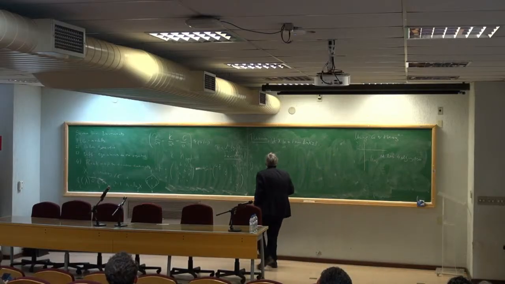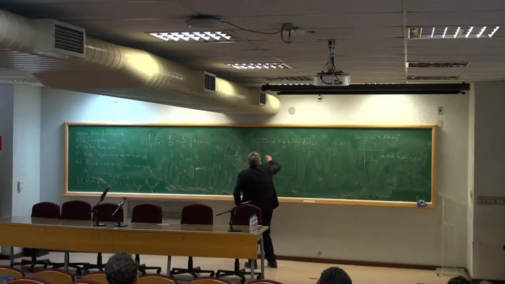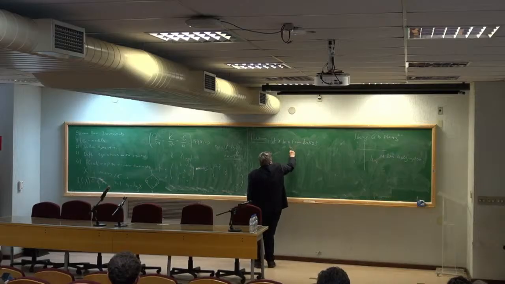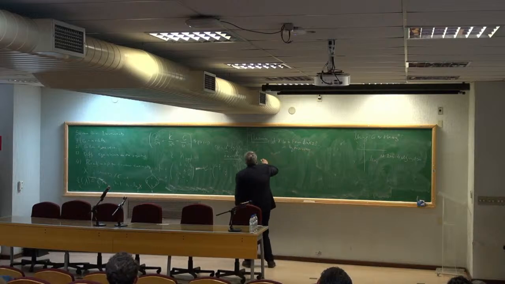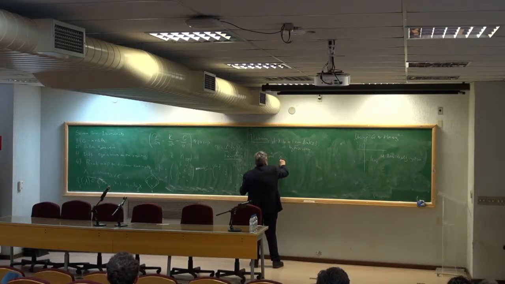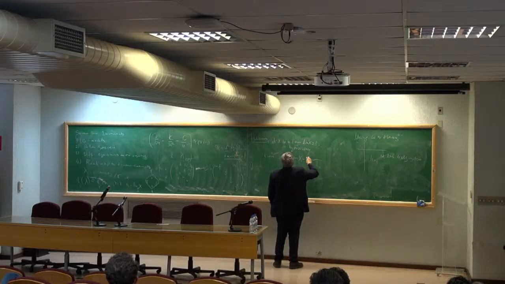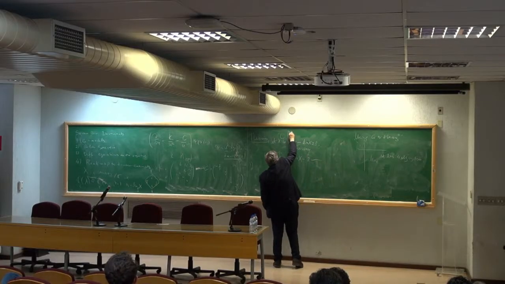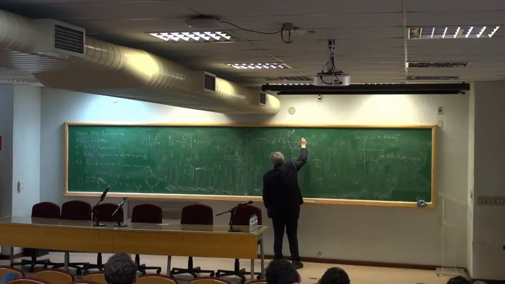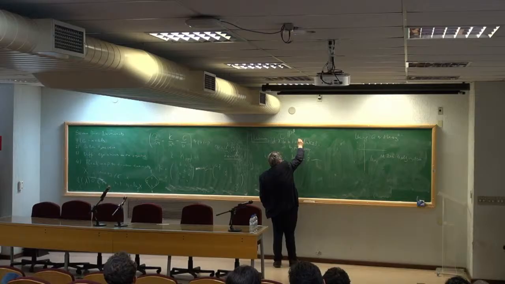I can formulate a general statement, but let's do the simplest. So let X be a Fano hypersurface. Then delta is equal, this is the maximum, to the dimension of X.